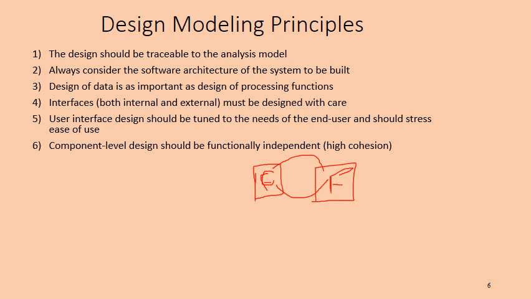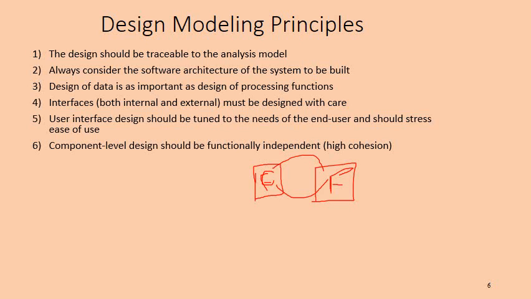So there should be very less dependency between these two functions. You can pass the information from one function to other, but it should not be like, when I am performing this, it is dependent on this. Got it? You can give in and out, but not the dependency. It means they should be independent.